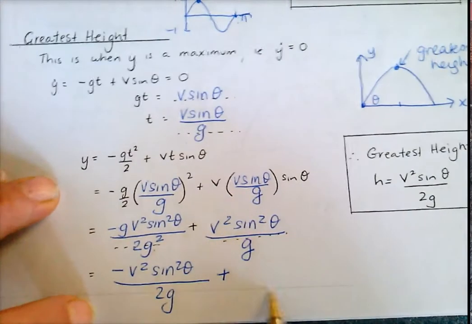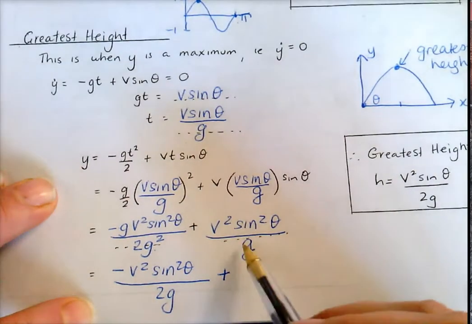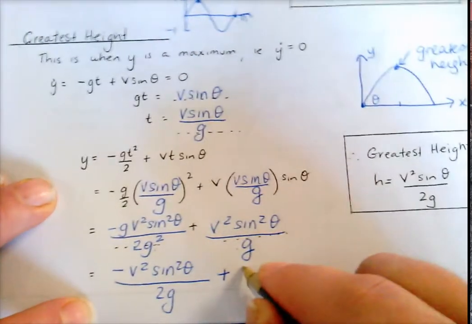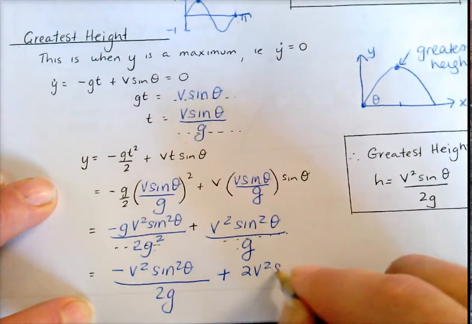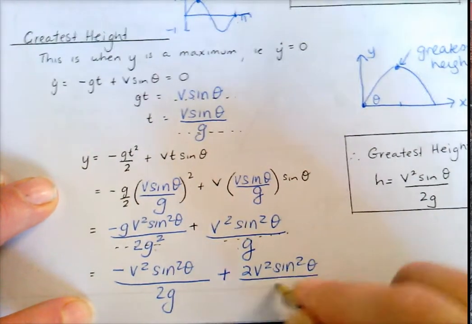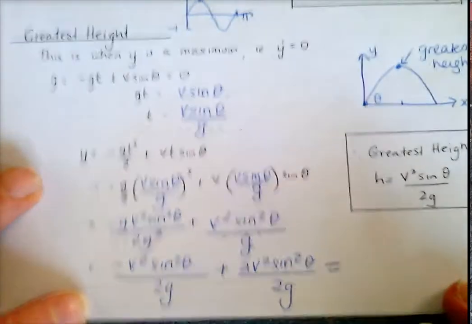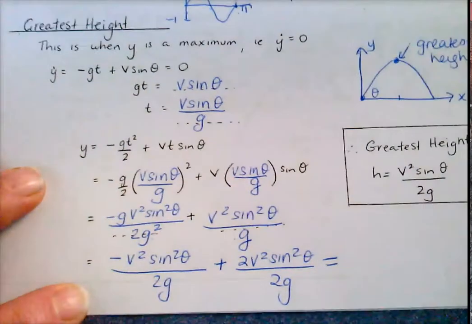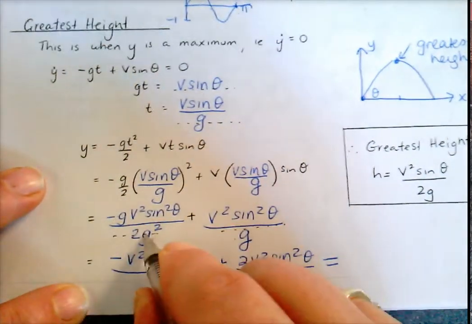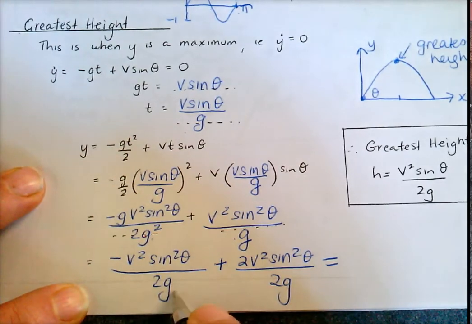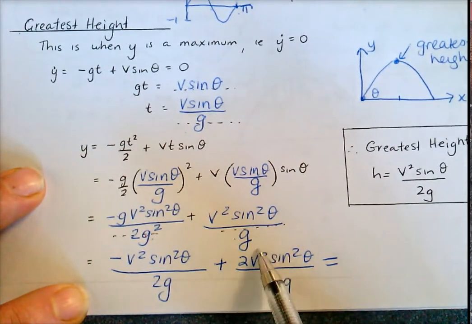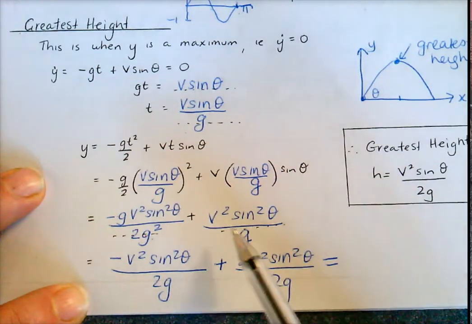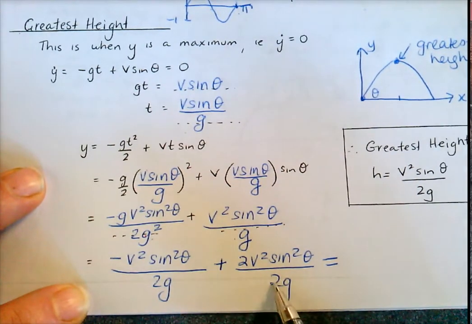Plus, you know what I want to do here, girls? I want to make the denominator here 2g as well. So I'm going to go plus 2v squared sine squared theta over 2g. Do you see what I've done? The denominator over here is just g, so I'm going to multiply the numerator and the denominator by 2.